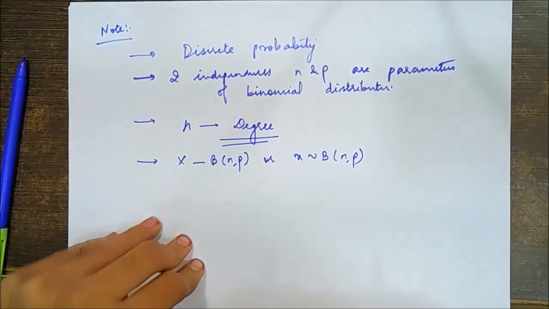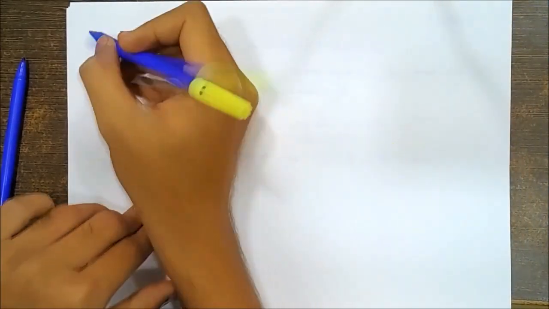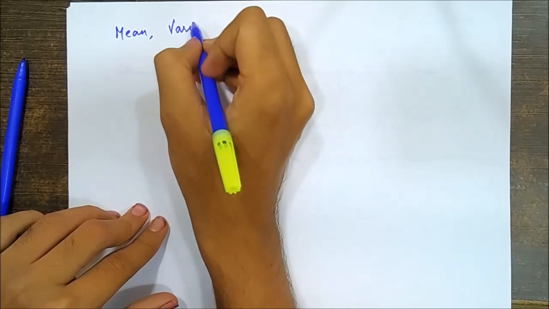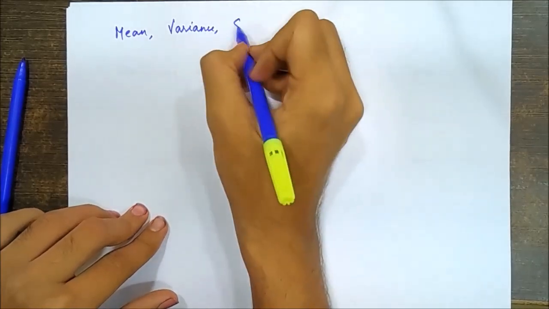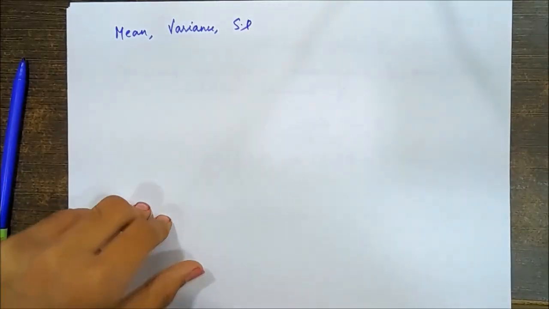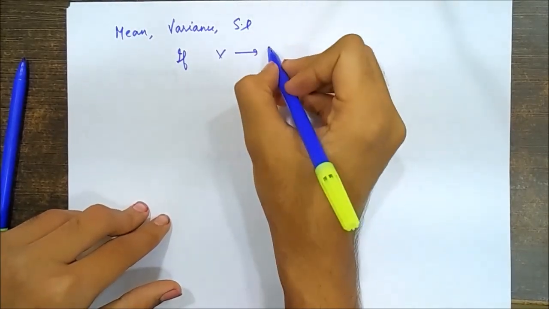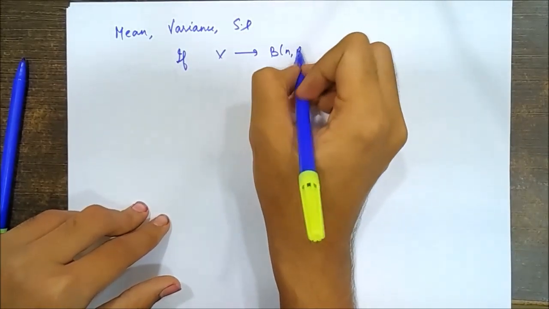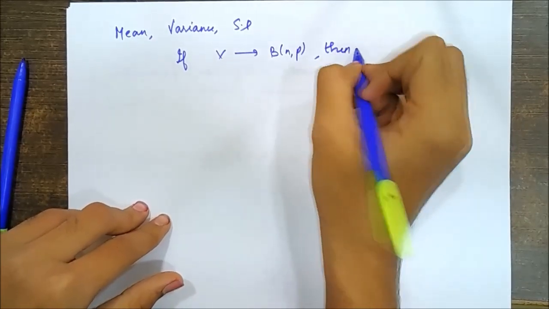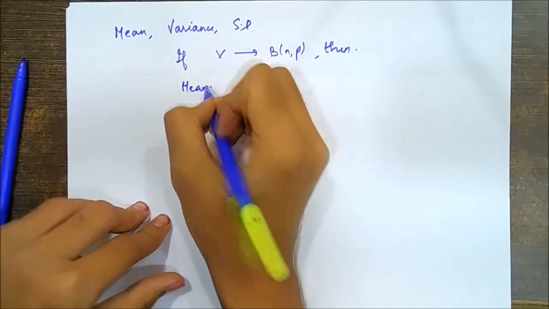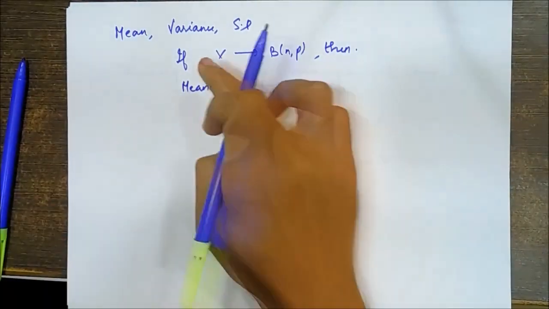So now we'll see the important concepts in a binomial distribution, that is the mean, variance and SD, standard deviation. If X ~ B(n, p), what does this mean?